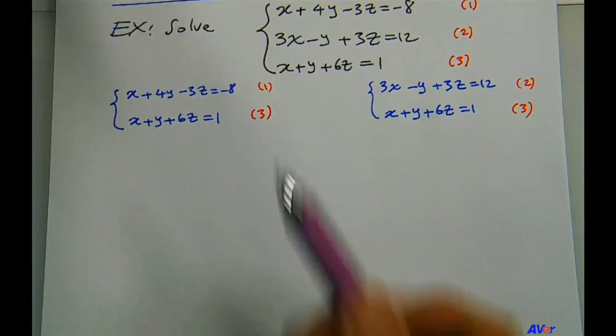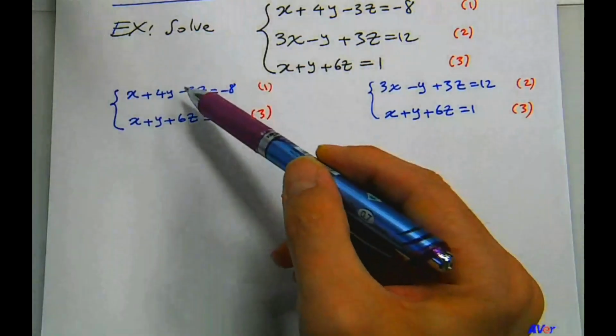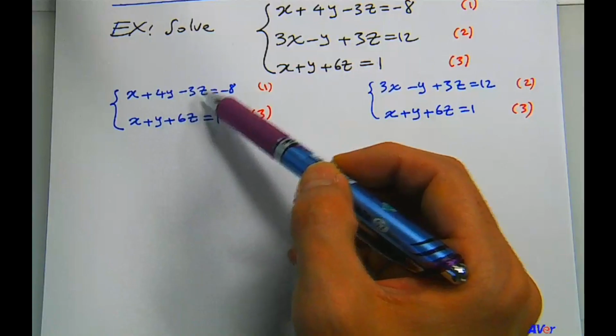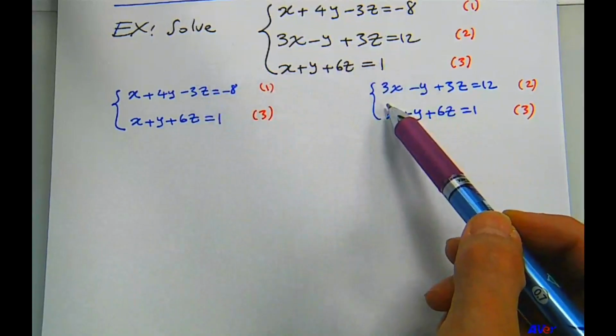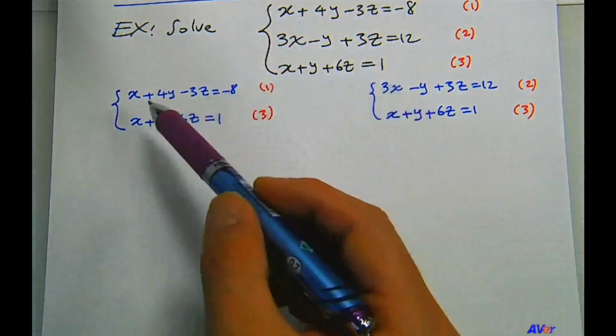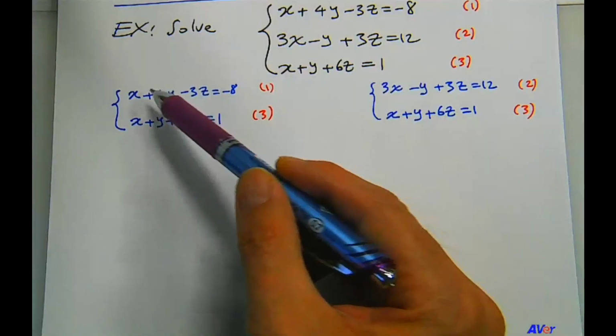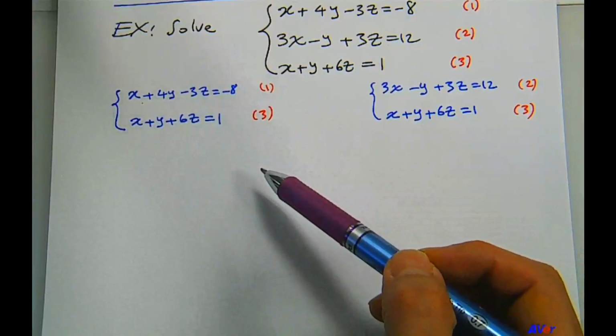Now, we want to eliminate one of these variables, either x or y or z, from both of these pairs of equations. At this point, we have the choice to pick which variable we should eliminate.